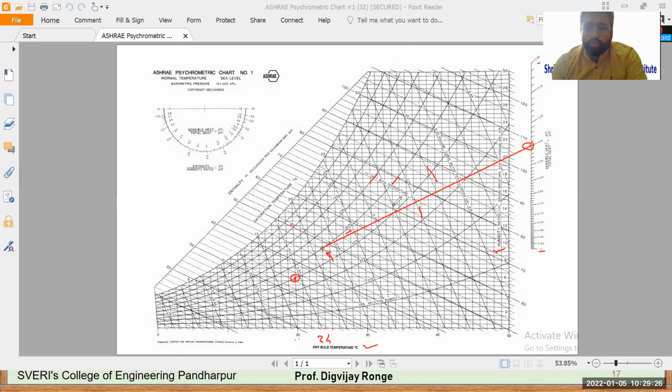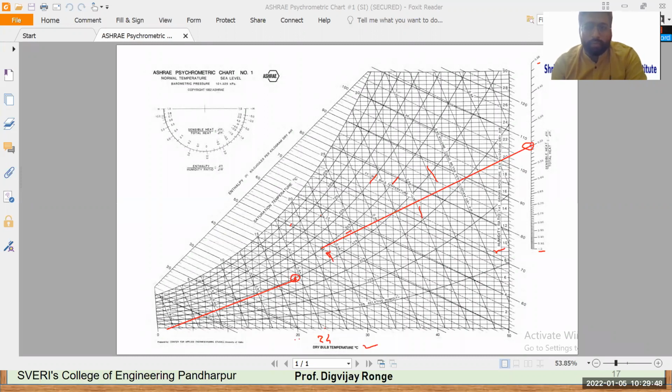Now what you have to do is draw a line parallel to it. A line parallel to it, I will try to draw, and it will be like this. In such a way you will get an RSHF line. Mostly the value will always be greater than 0.5.